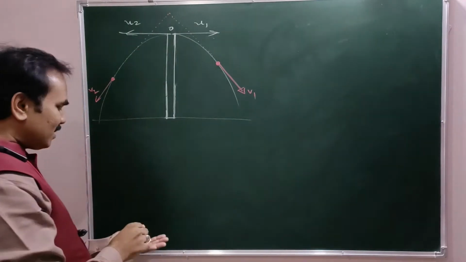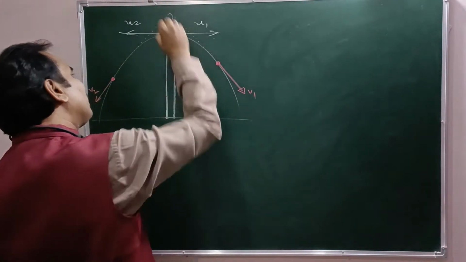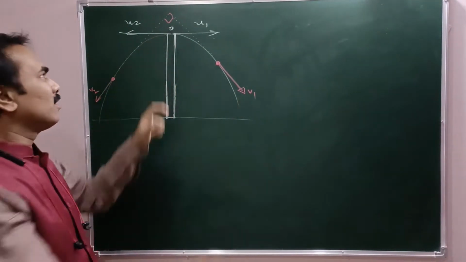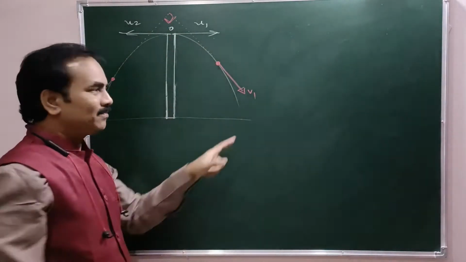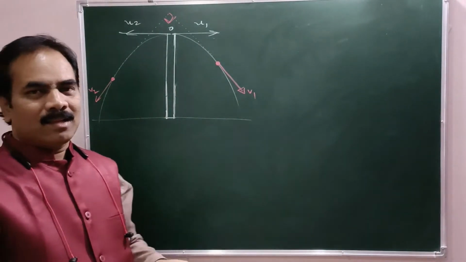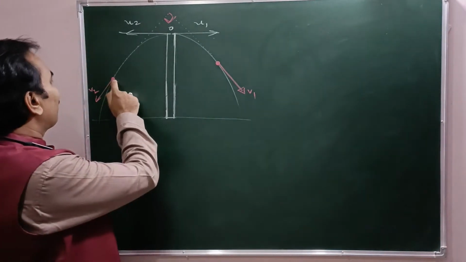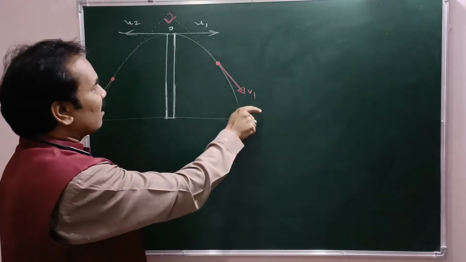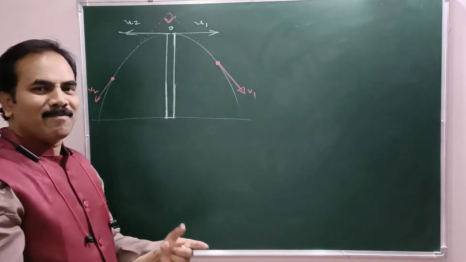Now what is the angle here? 90 degrees. The angle between V1 bar and V2 bar is 90 degrees. Then we can say that at that instant, both projectiles are moving perpendicular to each other. Why? Because this is the velocity vector for this projectile, and this is the velocity vector for the first projectile at some instant.